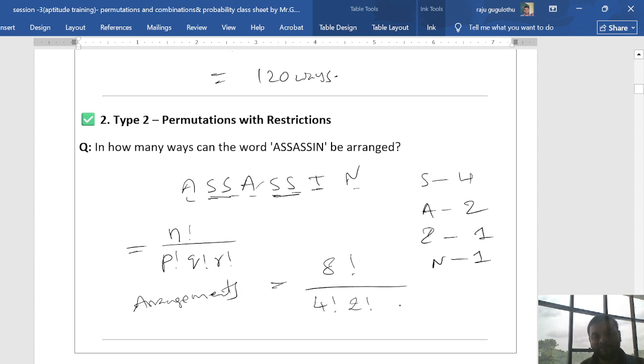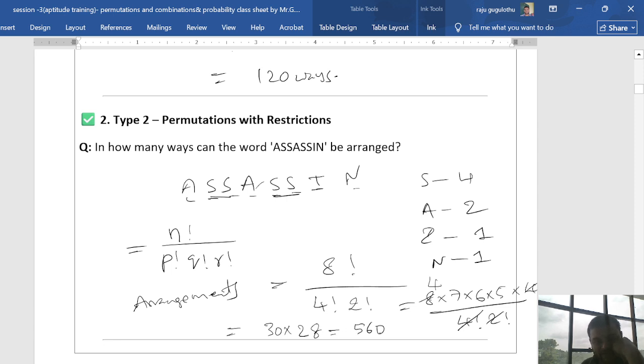If you expand it, 8 into 7 into 6 into 5 into 4 factorial by 4 factorial into 2 factorial. 4 factorial will cancel, and 2 into 4 cancels. So this is 30 into 28, 840... 5688.